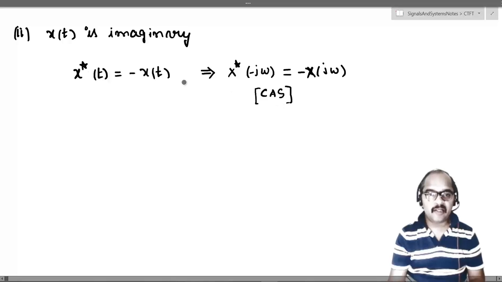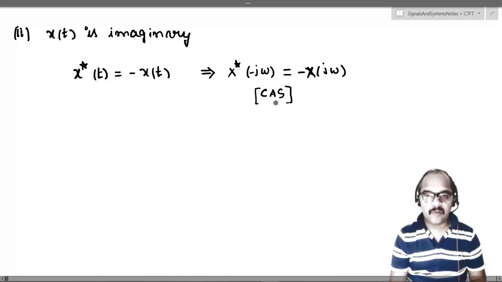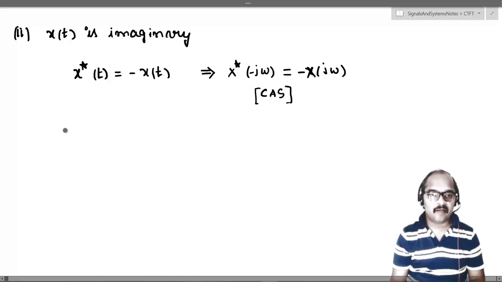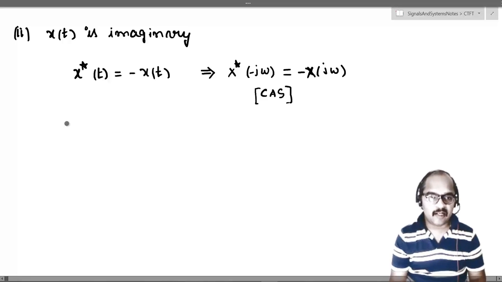So what does it mean? If the signal in time domain is imaginary, then its Fourier transform would be conjugate anti-symmetric. Now let us try to write these things in terms of real and imaginary parts. Because we have already done this enough number of times, I am directly writing.